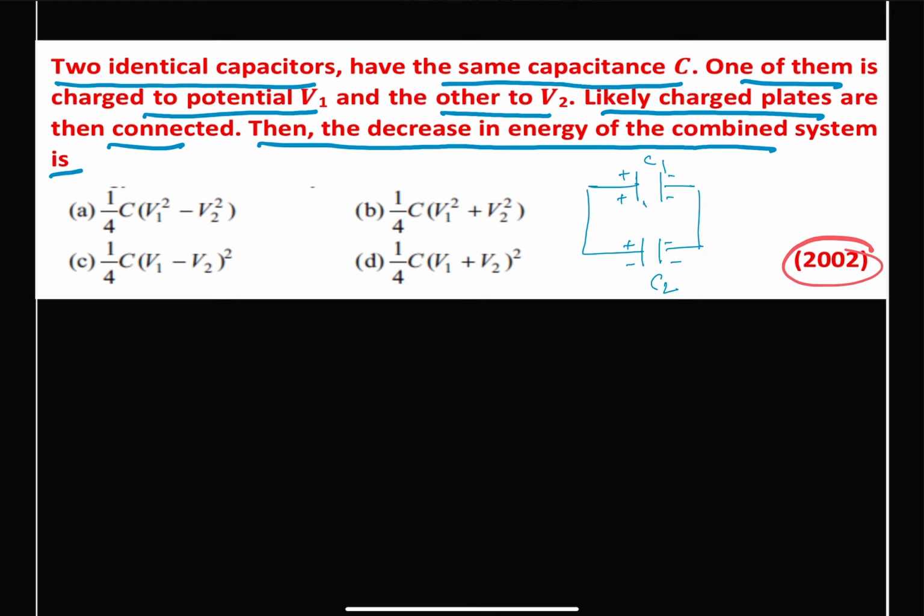Its potential is V1, the other potential is given as V2, and we have to find out the decrease in the energy of the combined system. So we know that the energy stored in a capacitor is half CV square, and in this case, as like charged plates are connected with each other, the capacitances will be in parallel, so the net capacitance will be their direct sum.